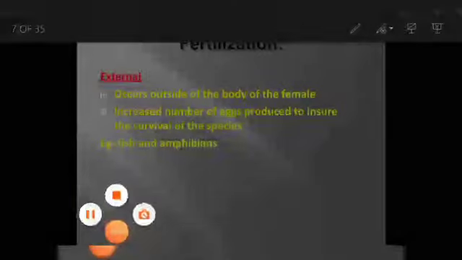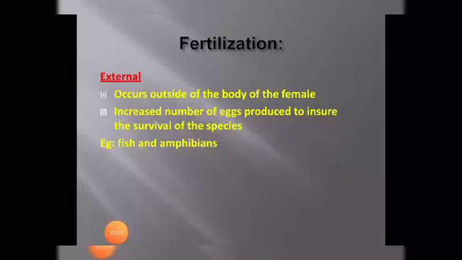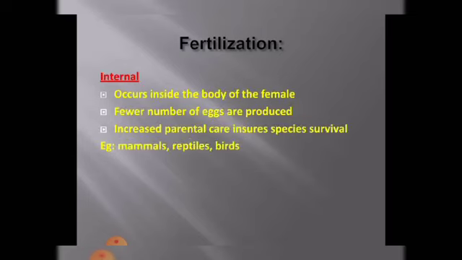So you should remember the sperm will be activated for a very short time. These are the two important types of external fertilization, one in salt water and one in fresh water. Next we'll see what internal fertilization is.